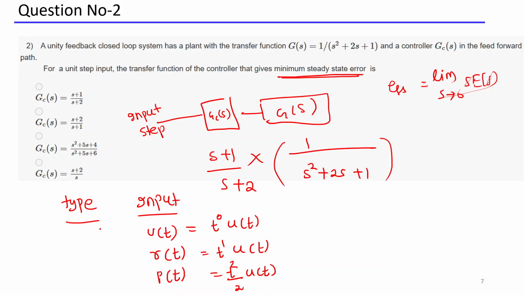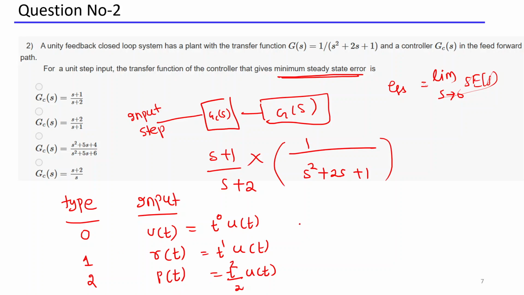Type is defined by the number of poles at origin. You can have a type 0 system, a type 1 system, or a type 2 system.